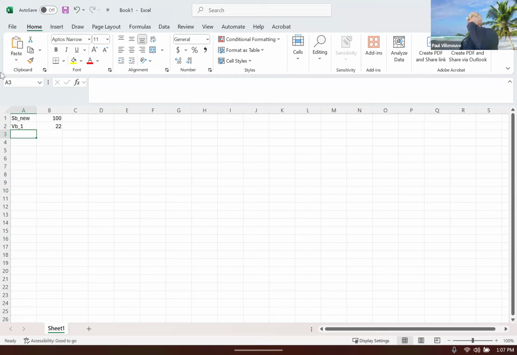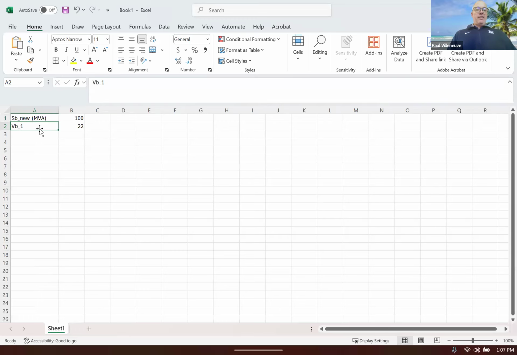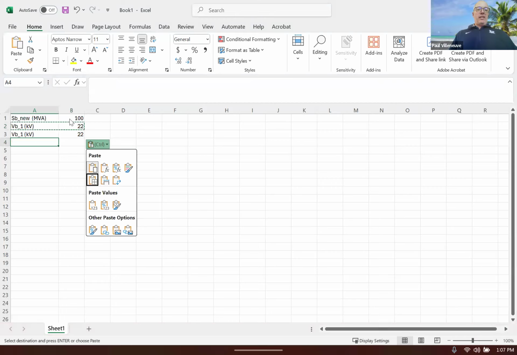So I'll just do 100 MVA and 22 kV, and I'll differentiate that. I'll show you the units. This is in MVA. This is in kV. Now I do the same thing for VB2, and I'm just going to copy it over so I can be lazy.